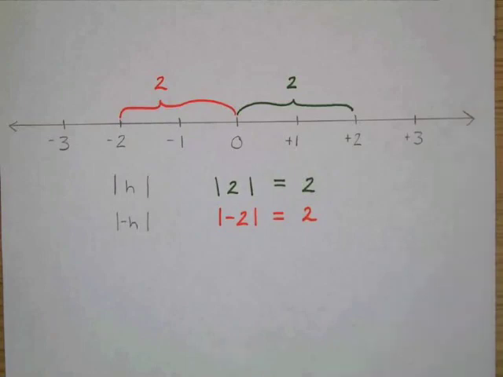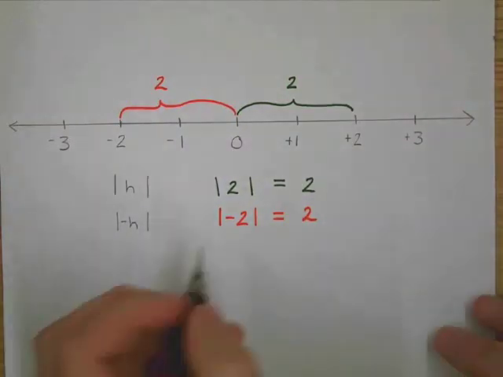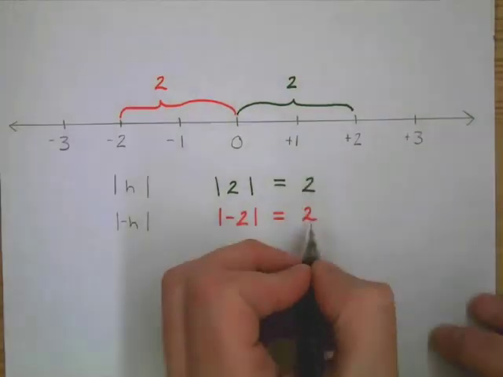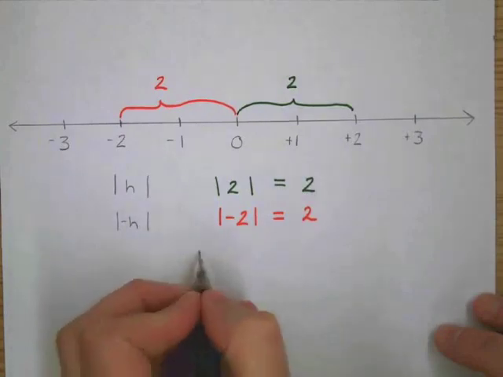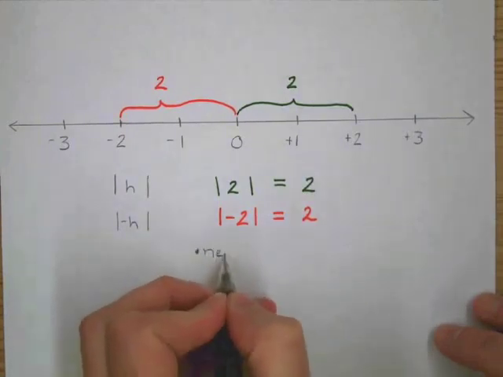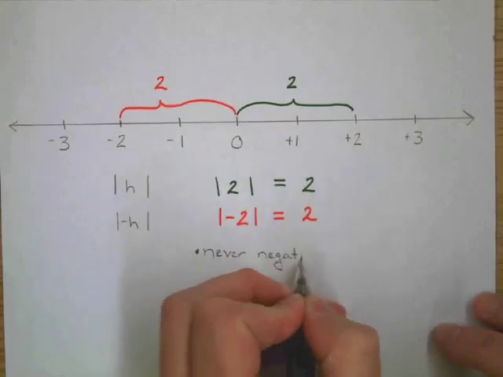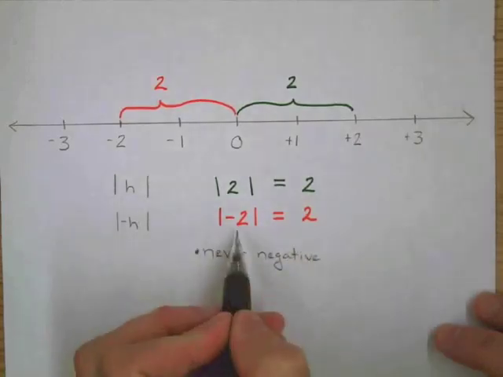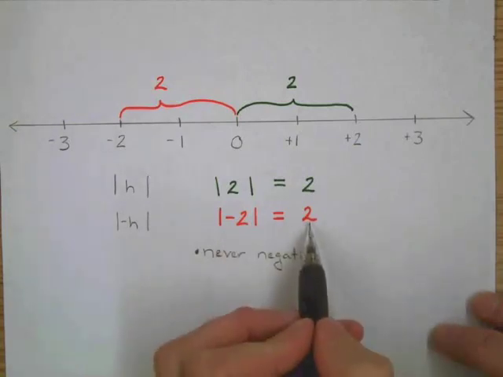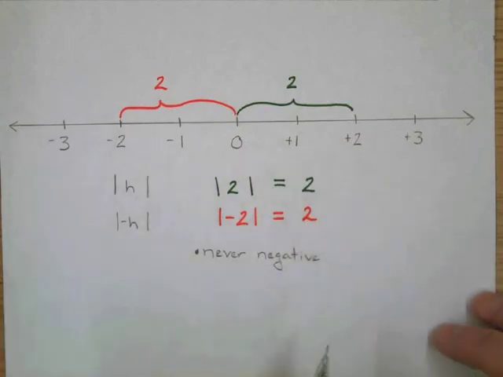So one of those things you might be noticing is that our absolute values are never negative. We can find the absolute value of a negative number, but the absolute value itself is always a positive number, that distance from 0.